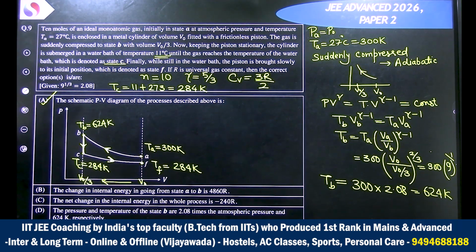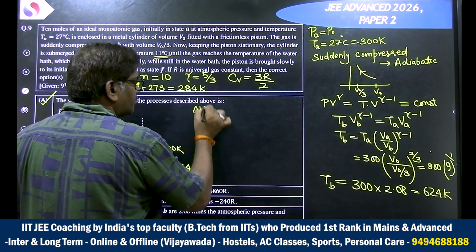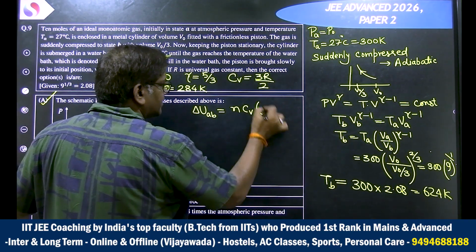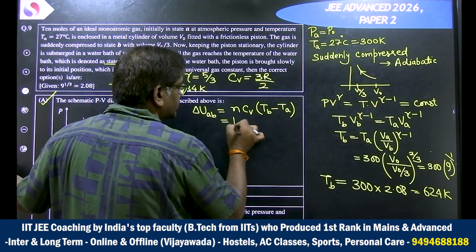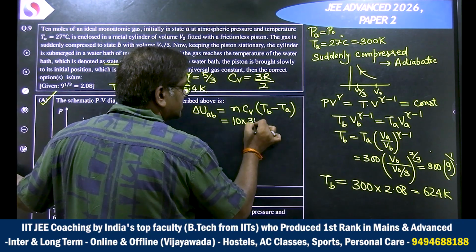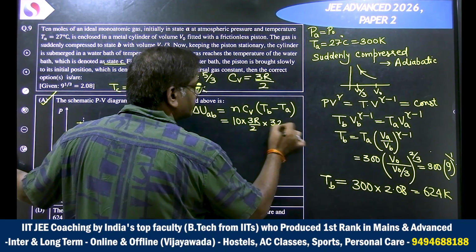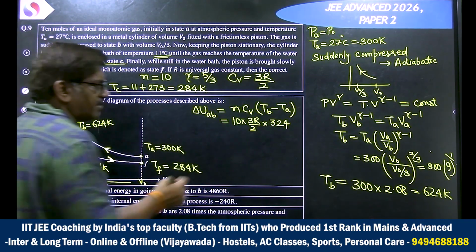Okay, now let's check the other options B, C and D. The change in the internal energy going from A to B: delta U from A to B is given by n Cv delta T, that means TB minus TA. Already we have these two temperatures. The number of moles is 10, Cv is 3R by 2, and the change in temperature is 624 minus 300, which is 324.